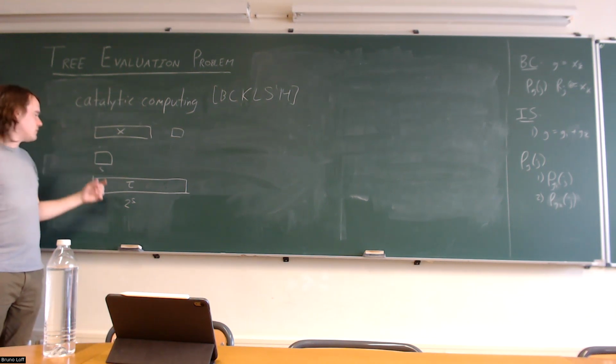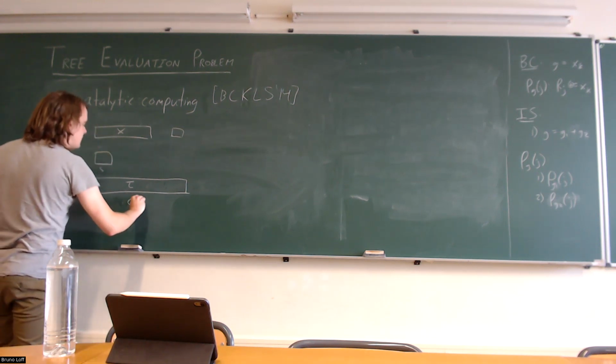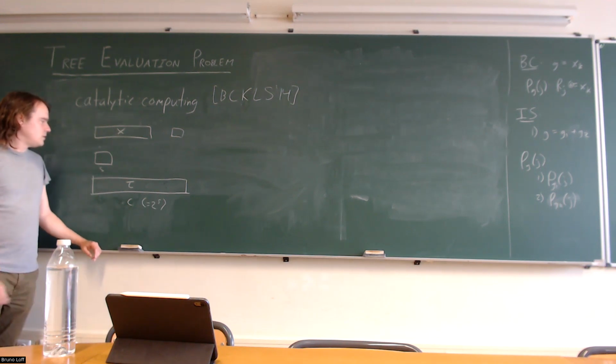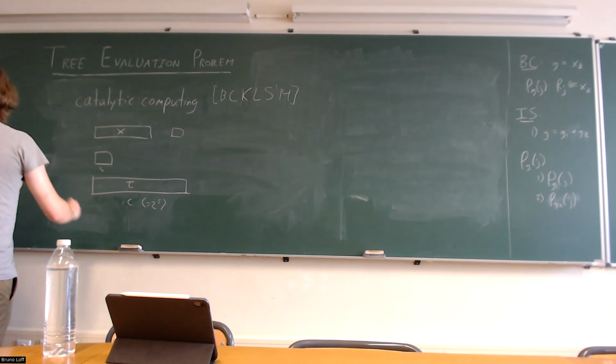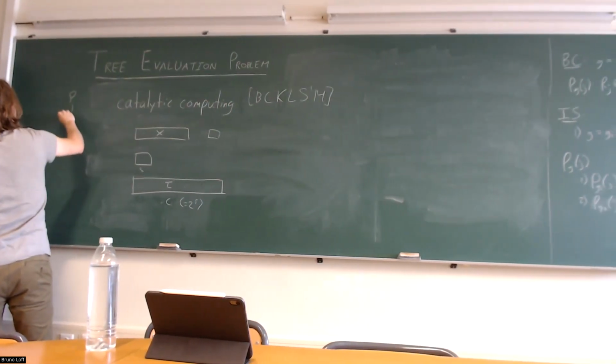And you can ask the question for various settings of the catalytic tape's capacity. It doesn't have to be 2 to the D, as we saw, but think of it as 2 to the D plus. You can ask what additional power this gives. So I already erased our little diagram of complexity classes. I'm going to put it here again.